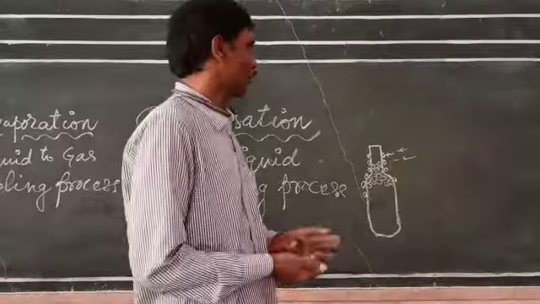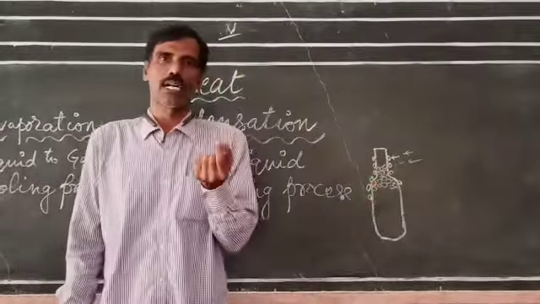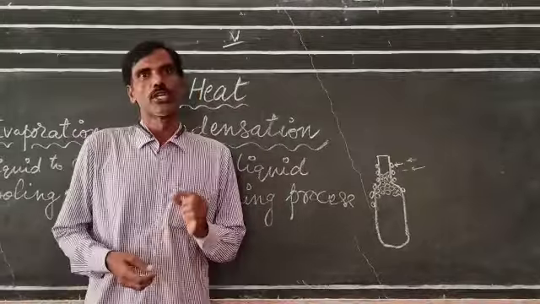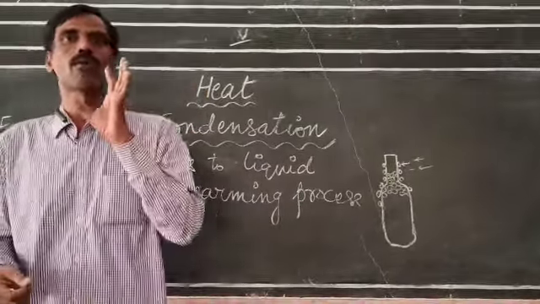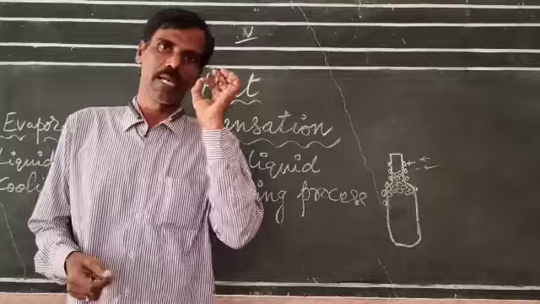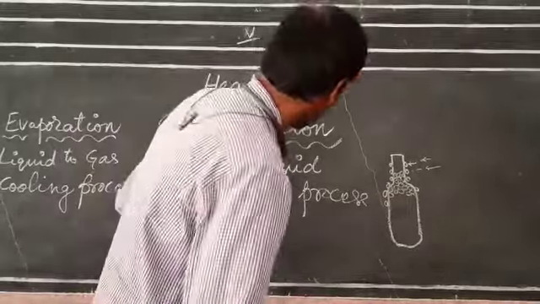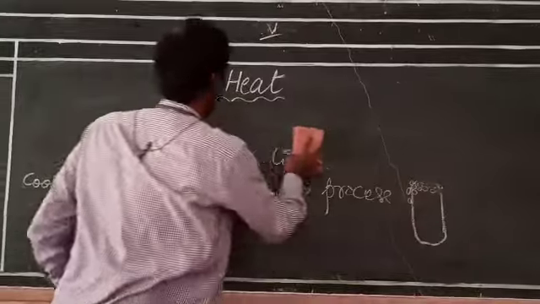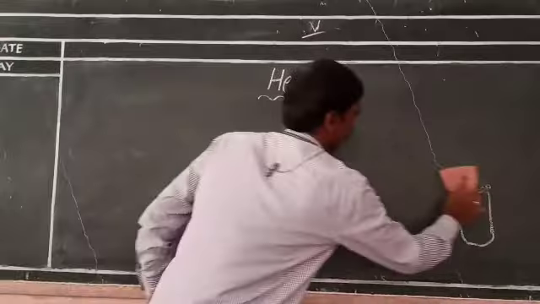Next we are going to discuss humidity. As all of you know, humidity is nothing but the amount of water vapor present in the atmosphere. Now we are going to discuss two important topics, that is dew and fog.